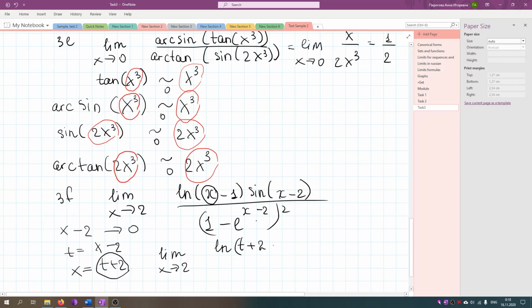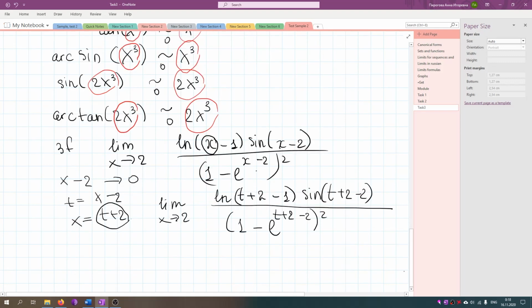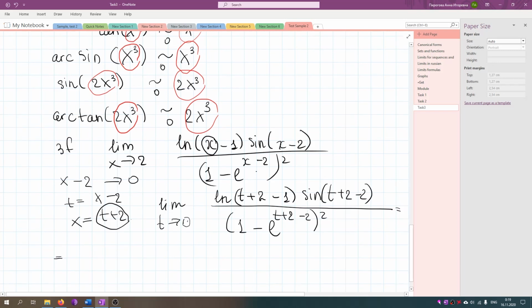T plus 2 minus 1, sine instead of x, t plus 2 minus 2, divided by 1 minus e in the power of t plus 2 minus 2, squared. So let's simplify. The limit here, t converges to 0.